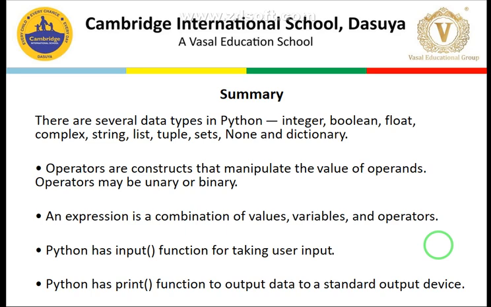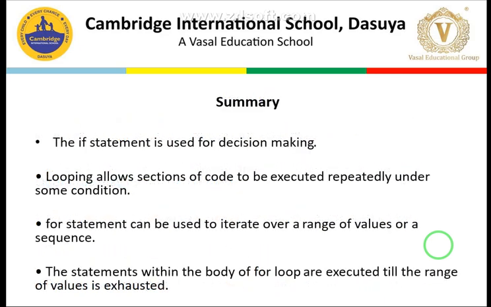Then we have covered the input and output functions. And finally the if statement is used for decision making. Then looping, where we need to repeat a fixed number of steps again and again. For this we have used the for statement. So these are the main points that I want to highlight.